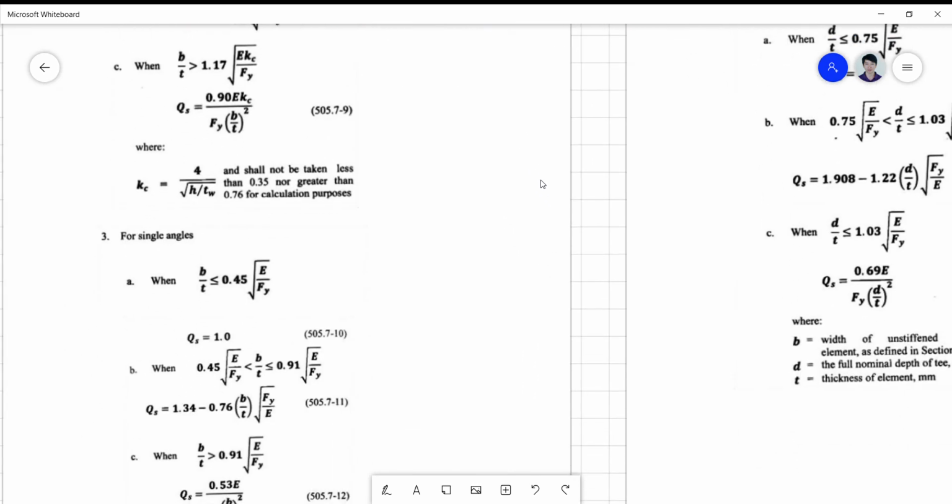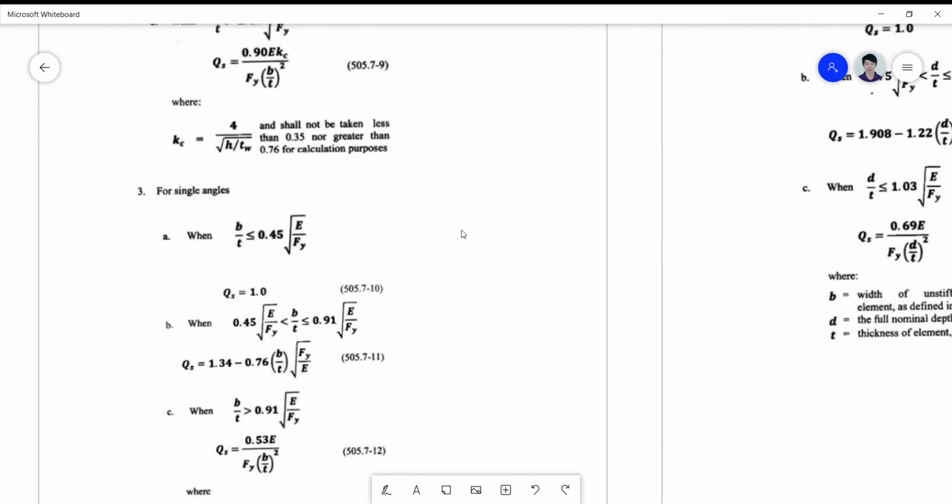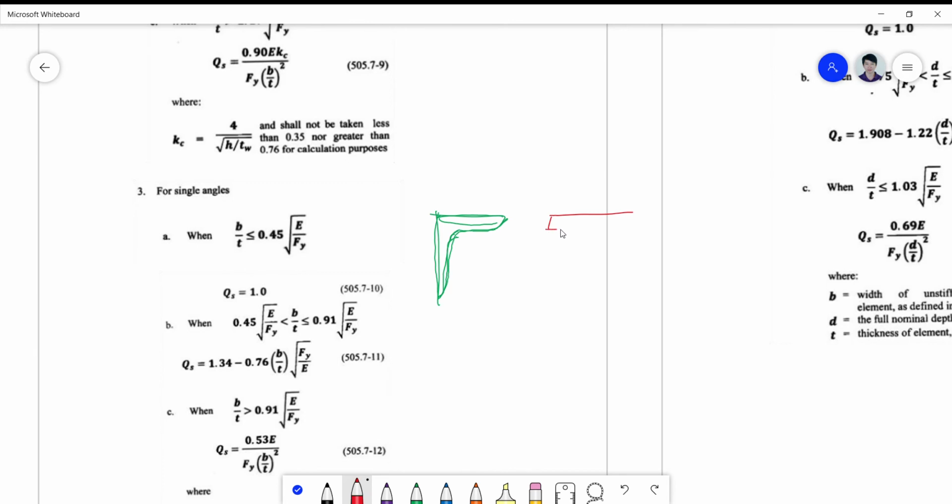Okay, for case 3, we refer to single angles. For single angles, these are rolled shapes, of course. It can also be a single angle composed of plate elements.